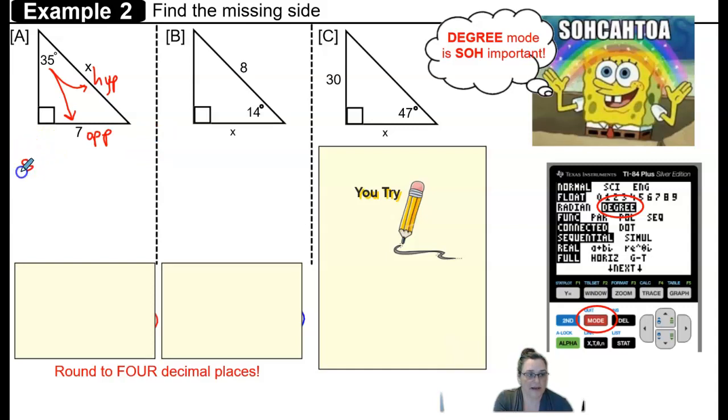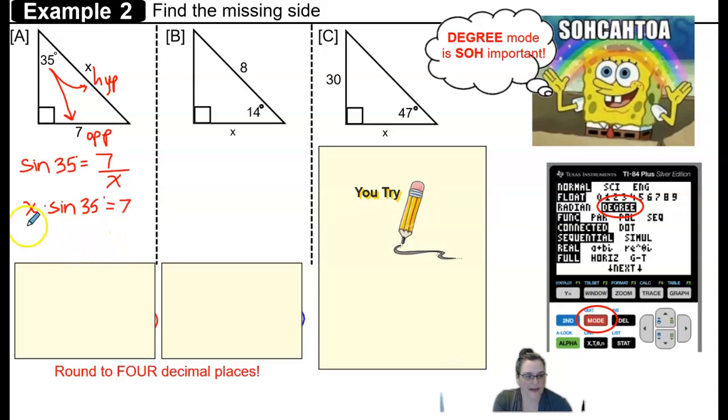So we can say that the sine of the angle, which is 35 degrees, is equal to 7 over x. That's the ratio of the opposite over the hypotenuse. Then we can cross multiply, so we'll have x times the sine of 35 degrees, and that's equal to 7 times 1, which is 7.